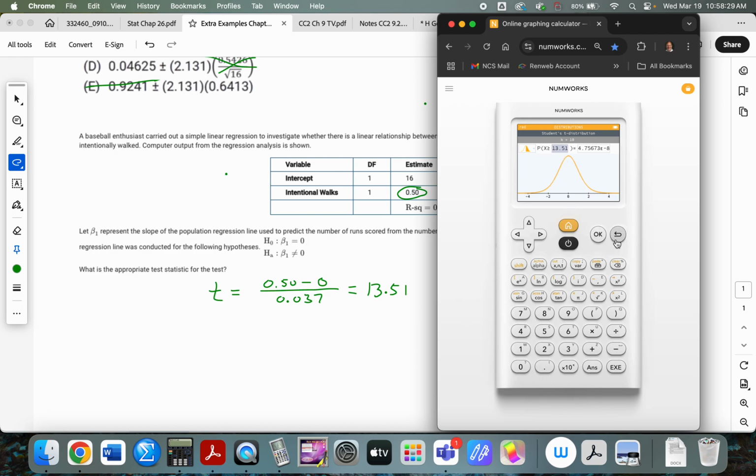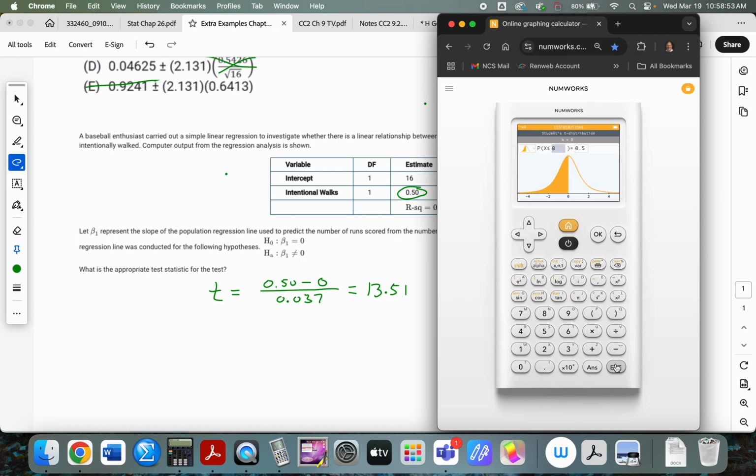Let's back up for just a second and remind you that if you have fewer degrees of freedom, let's say only 3 degrees of freedom, it still looks pretty normal, but the fewer degrees of freedom it has, the fatter the tails are and the lower it is in the middle.